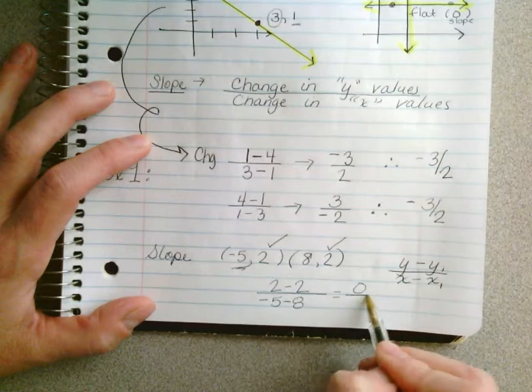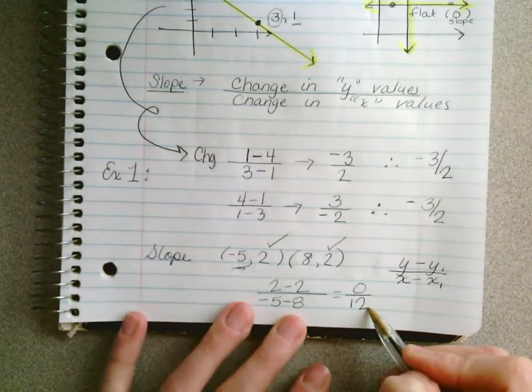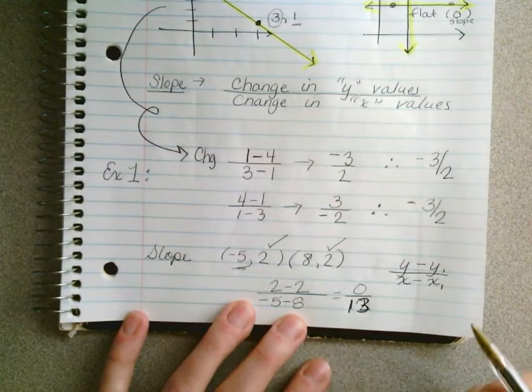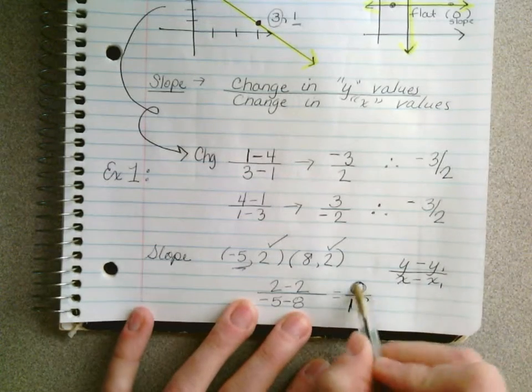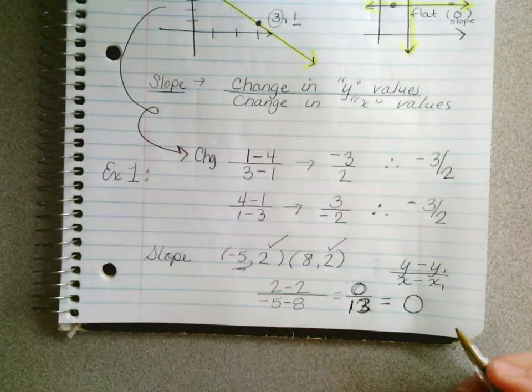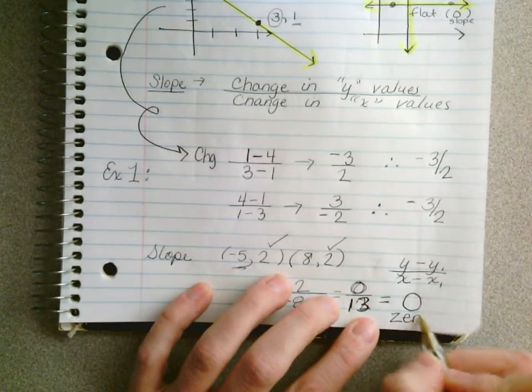So 0 divided into 12, into 13 equal groups. Anything divided, or 0 divided into as many groups as humanly possible, the result is still going to be 0. Okay, that means 0 slope.